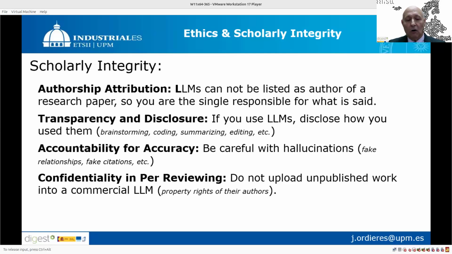the deep analysis of things goes into hallucination very easily. And then finally, and very importantly, please, if you are playing the role of a reviewer for a journal, never ever upload the draft into a commercial LLM, because probably you are infringing the rights of the authorship.